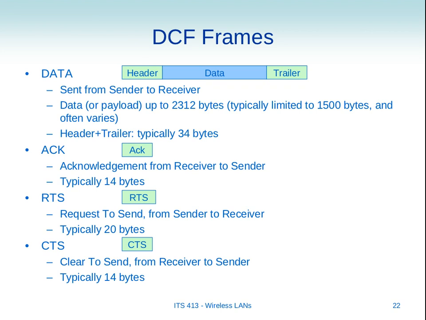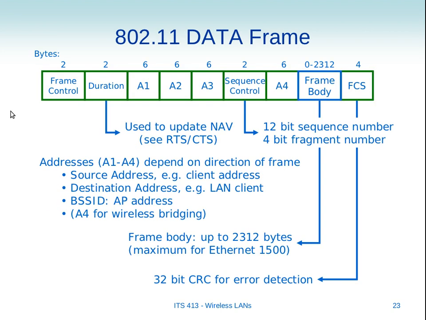The data frame, this is the structure of the data frame in some more detail. The green blocks are the header and the trailer, and here's the frame body, the data. The data may go from 0 up to 2,312 bytes in length. There are some practical limits on that as well.